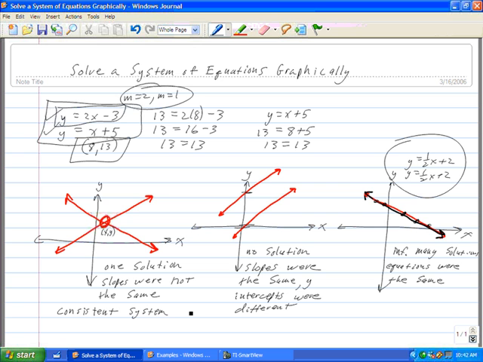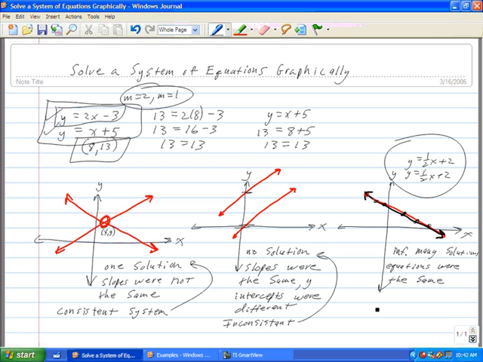So if you see the phrase consistent system, that means one solution. When the two lines are parallel, that is called an inconsistent system. That means no solution.